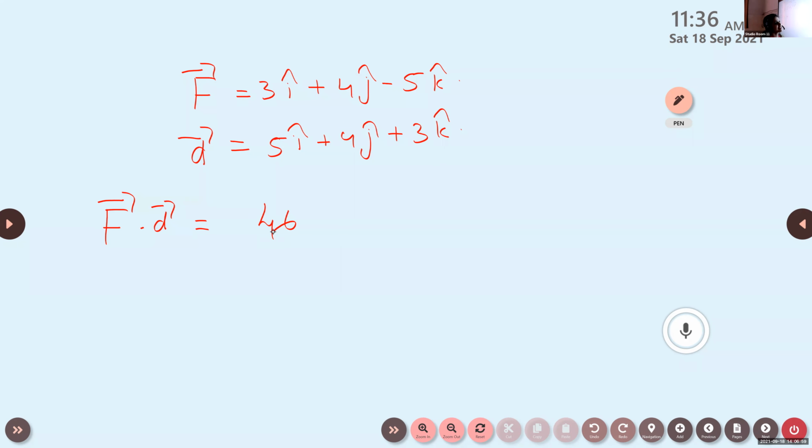All of them are remaining silent. Eva, Ma'am, I got 16. Is there any other value? So here we have two answers. One is 46, other is 16. Irene, what about you? Anjana Sunil, your answer?